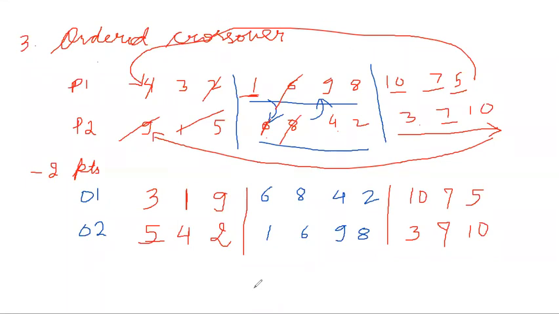Because of this restriction, we have to resort to a different mechanism, given in the form of partially matched, cyclic, and ordered crossover techniques. So you can take any one example, apply all the 3, and then see. If there is any problem, you can ask.